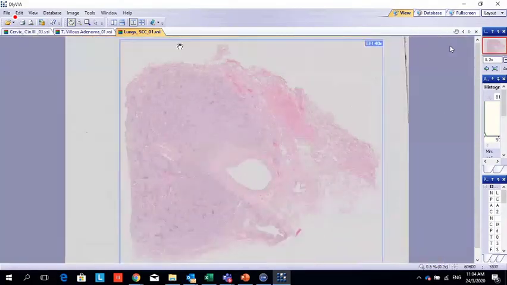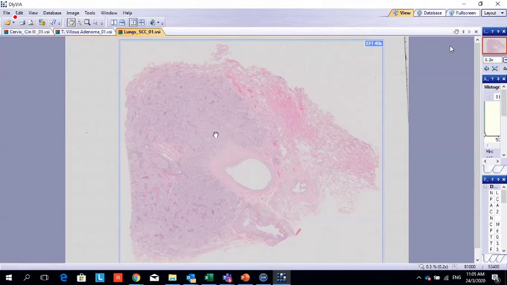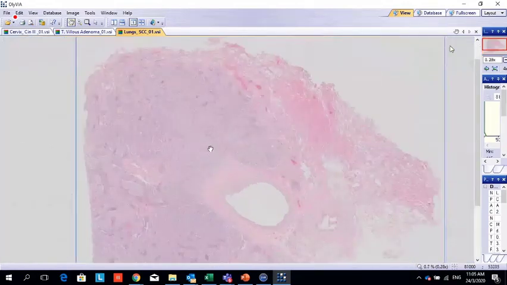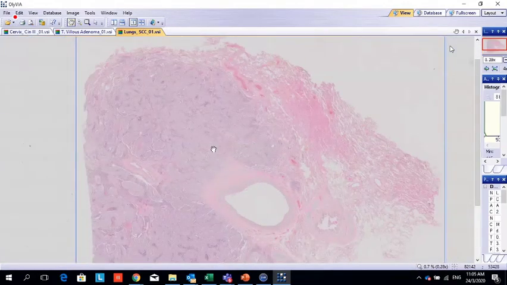This slide is the tumor area. But we have to do the wide excision, you know, to see the margin. Okay. Yeah. Any question?